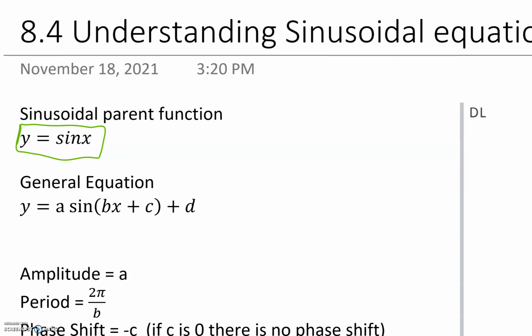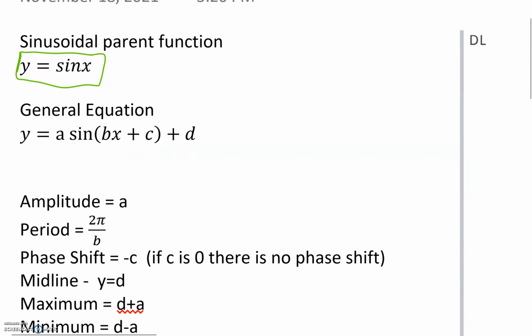But now we can have a general equation where a, b, c, and d are all rational numbers, so fractions or just numbers or integers. What they will allow us to do is draw the graph or understand the sine function by just looking at those numbers directly.